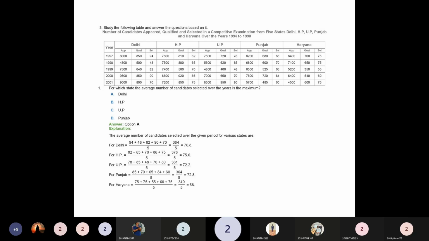For Haryana, I think it is 76 something. Now compare these values. Delhi has the maximum at 76.8, and the remaining states, 75.6, 72 and so on, are lower than Delhi. So option A is correct: in Delhi, the selected candidates are maximum.